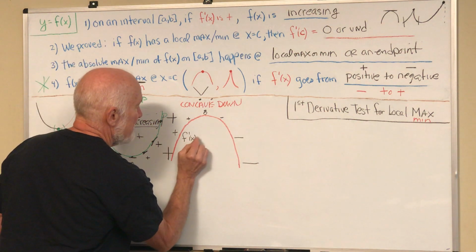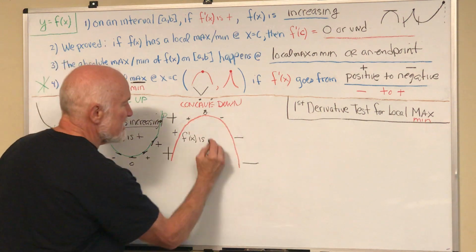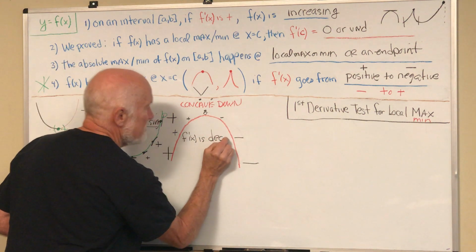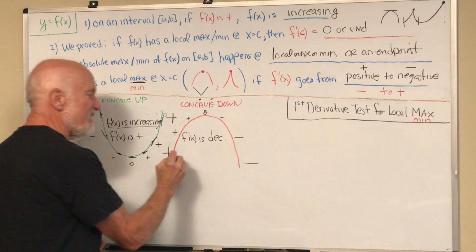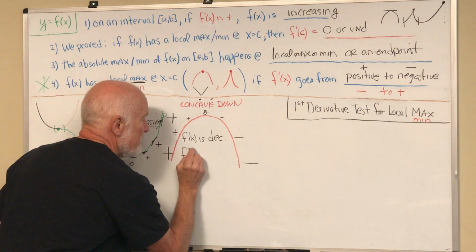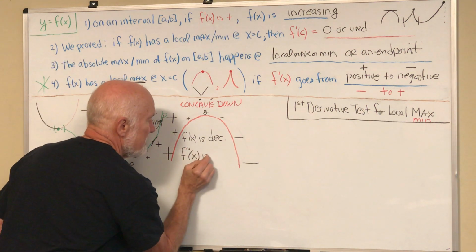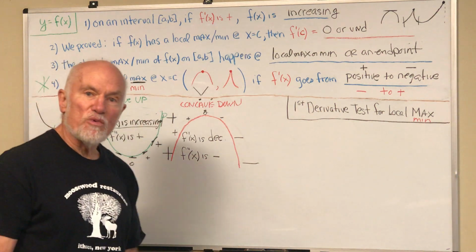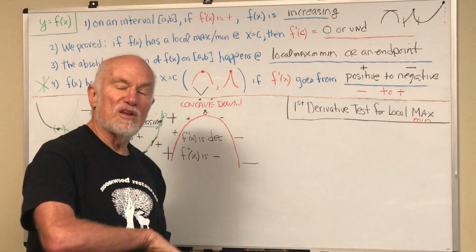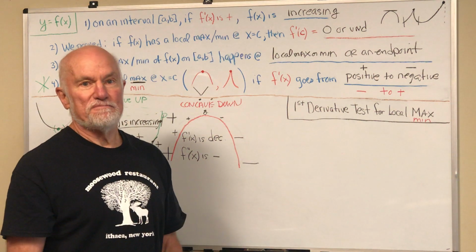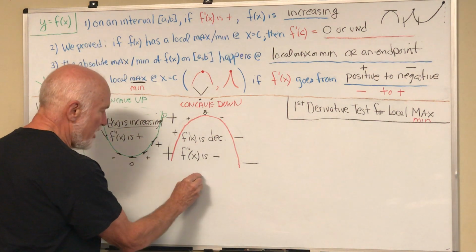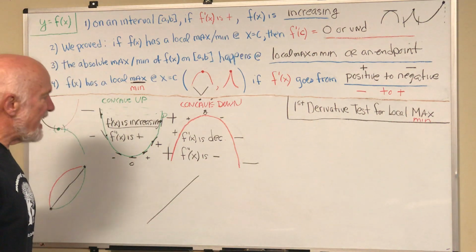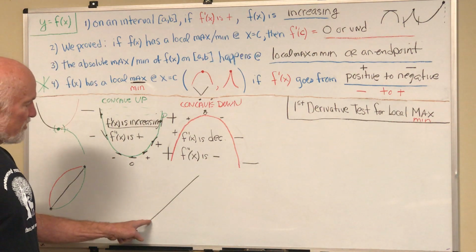The derivative is decreasing in value. And if we take its derivative, the second derivative, we can just look to see where the second derivative is negative, and then the function is going to be concave down.